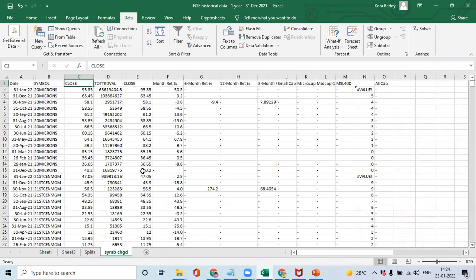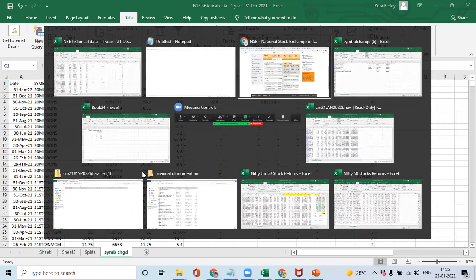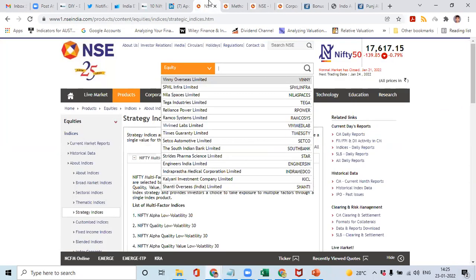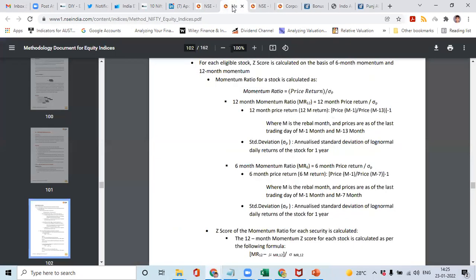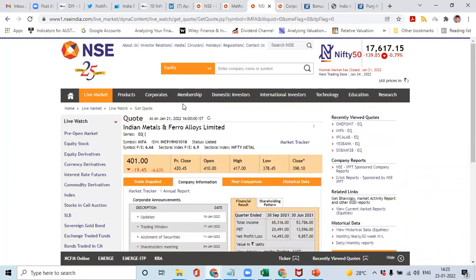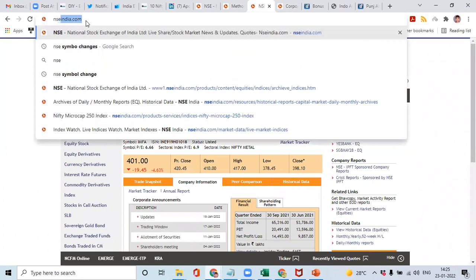Right. So now our price database is done, and let's see which index you want to operate on of all the broad indices. Broad market indices, you have seen somewhere, right? Which index do you want to operate the momentum portfolio on?